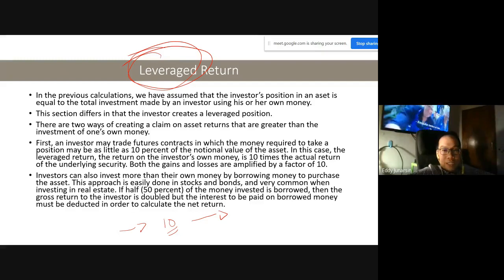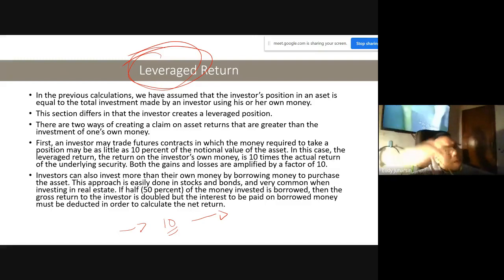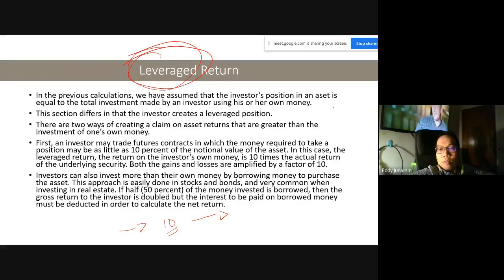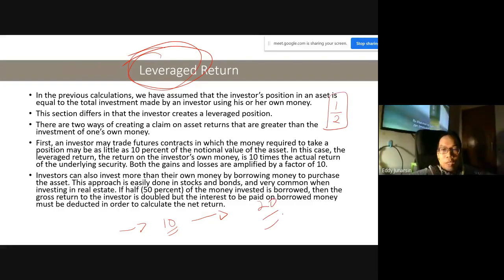So if you put cash 10,000, they will allow you to invest up to 20,000.